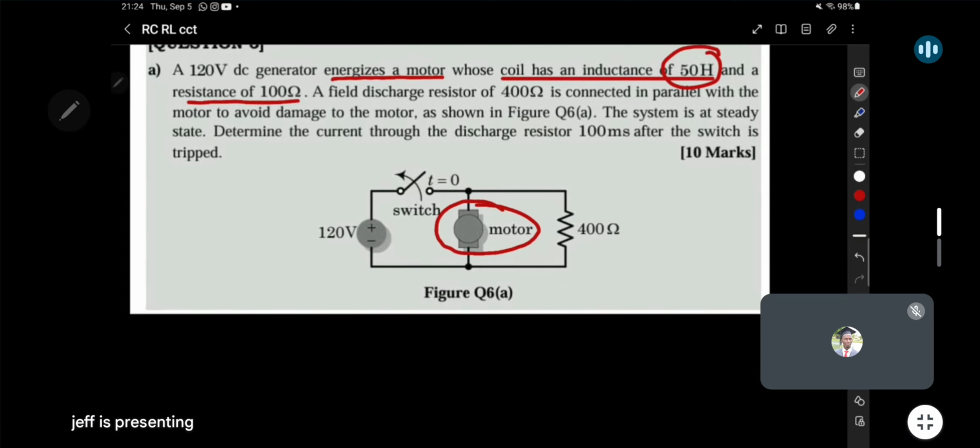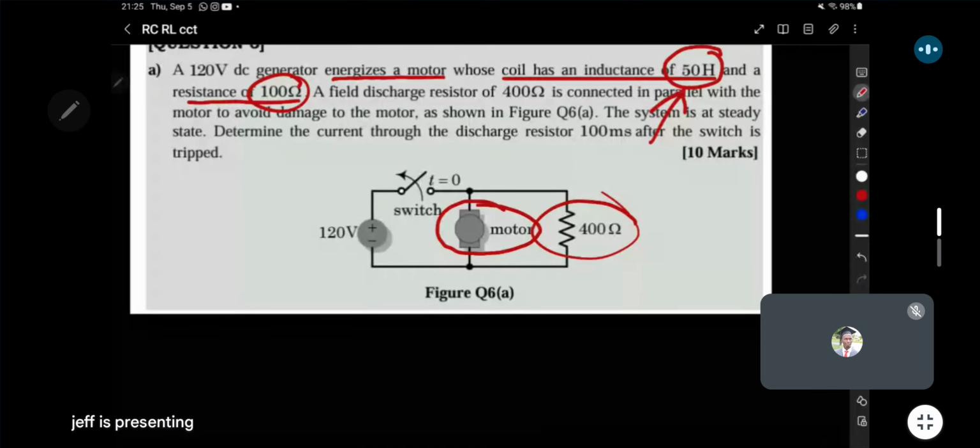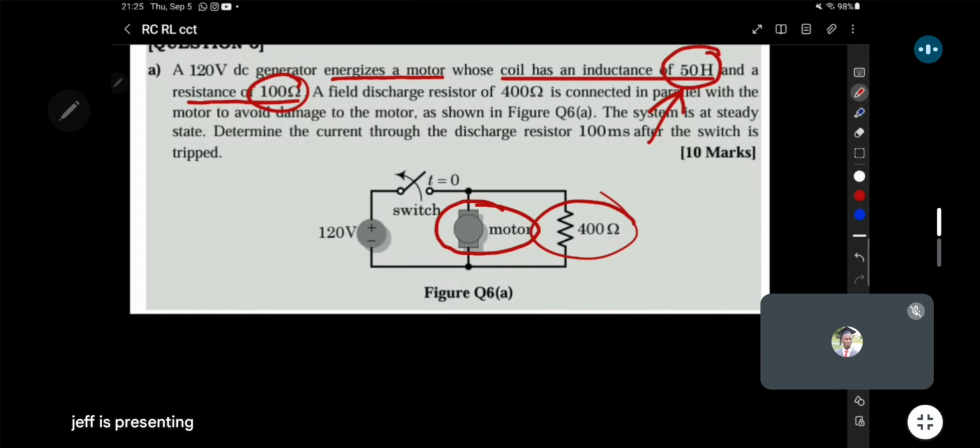So in other words, they're saying that this motor here can actually be viewed as just an inductor with that inductance and a resistor with that resistance. And then a field discharge resistor of 400 ohms, that's this, is connected parallel to the motor to avoid damage to the motor, as shown in the figure.